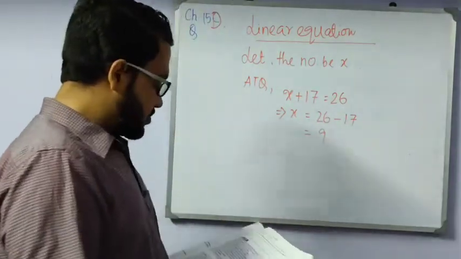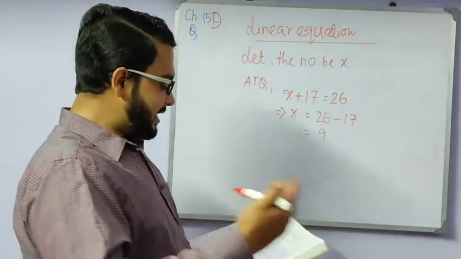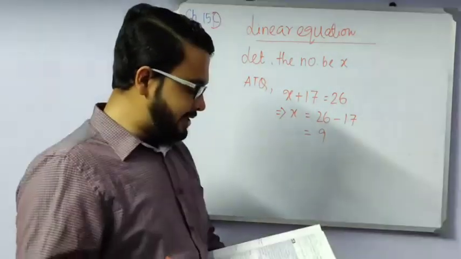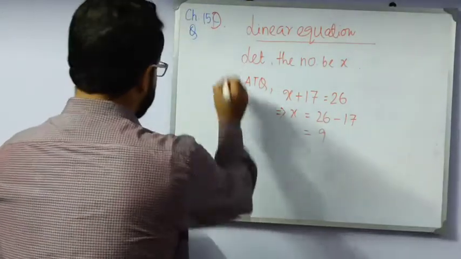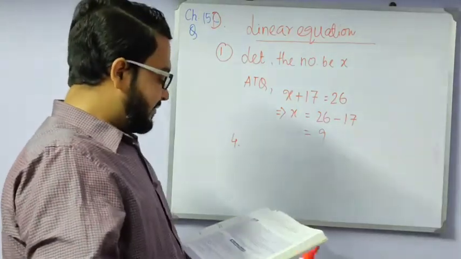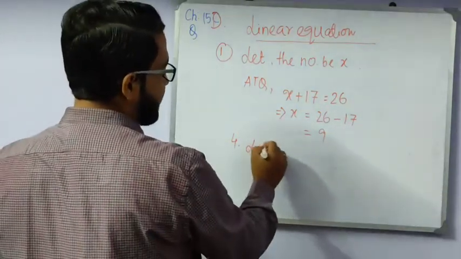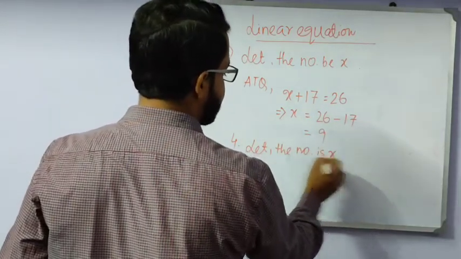Now the next one, a number divided by 5 is 8. Find this number. Question number 4. A number is divided by 5. Also let the number be x.